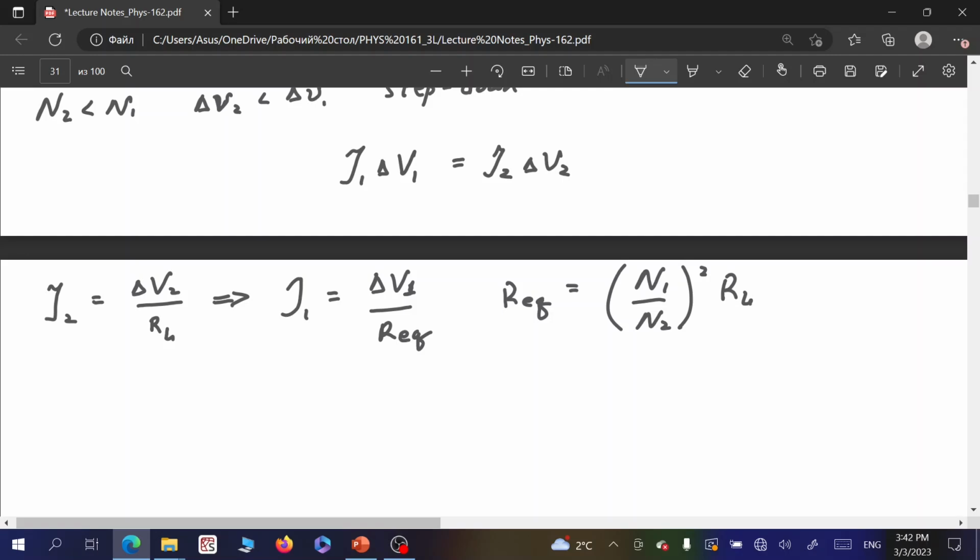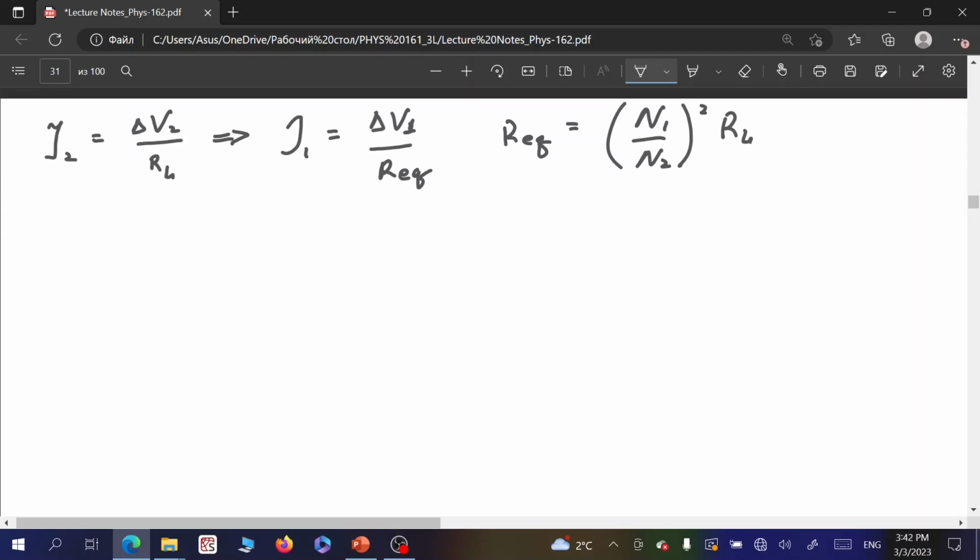So we have a few minutes left. Let us consider also rectifier and filter. When we come to the consumer, not always is the consumer of electric power designed to use AC electric current.